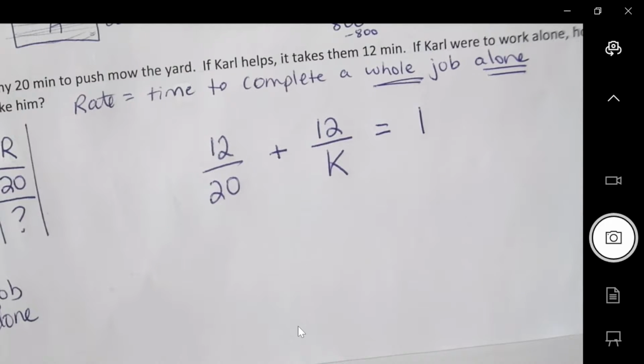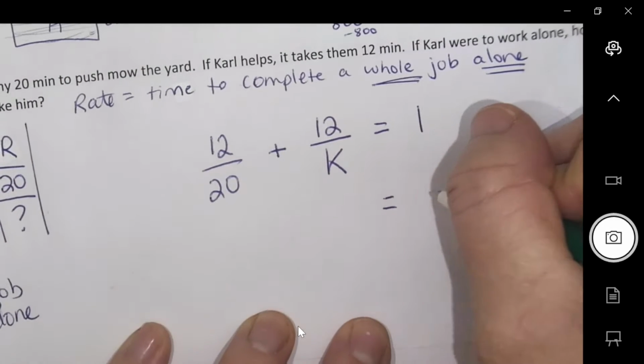How big is this yard? Okay. Now, that's the new stuff. Solving this is old. How do you do it? Cross multiply or common denominator are your options. Common denominator.